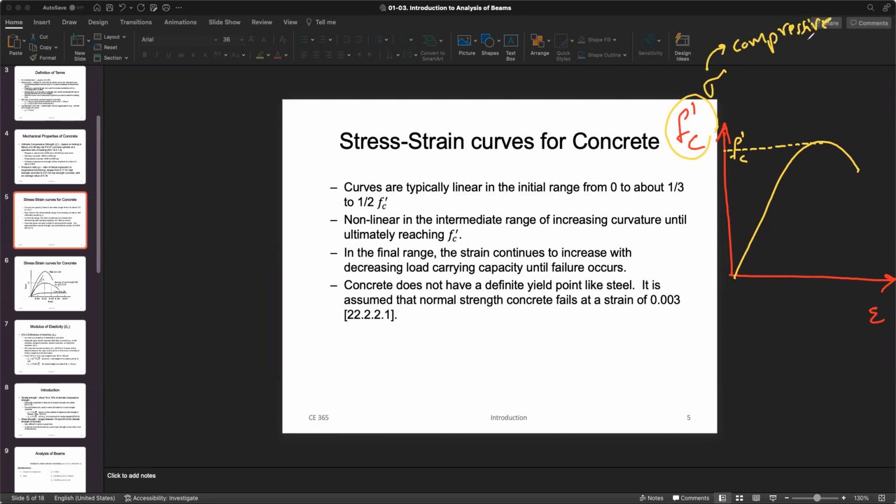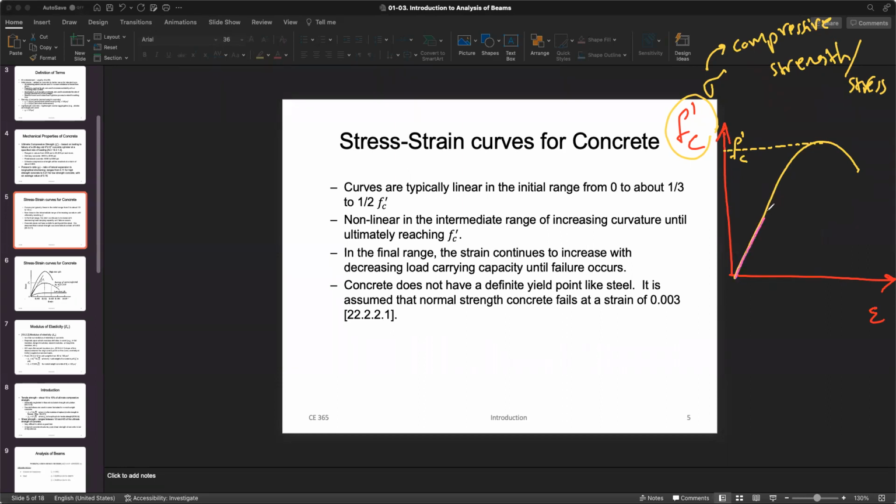I hope it doesn't confuse you why I keep saying F prime C. It is a compressive strength. F prime C is a specific number which I selected for the highest compressive strength of concrete, or compressive stress, we can say too. It says typically curves are linear in the initial range from 0 to 1/3 or half F prime C. You remember from mechanics of materials that we are in a linear region, right?